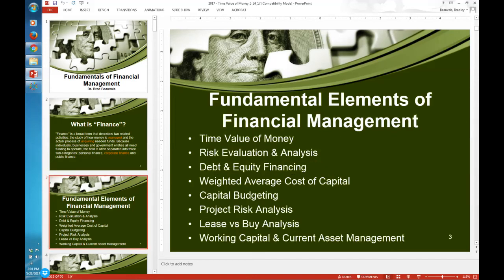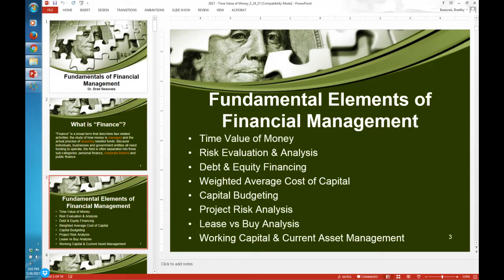During the course of this semester, we're going to talk about some pretty fundamental concepts within the field of financial management. We're going to start today with the time value of money, why that's important and how that's used. We're going to walk through risk evaluation and analysis, debt and equity financing, the concept of the weighted average cost of capital, and how that is actually employed in the capital budgeting process.